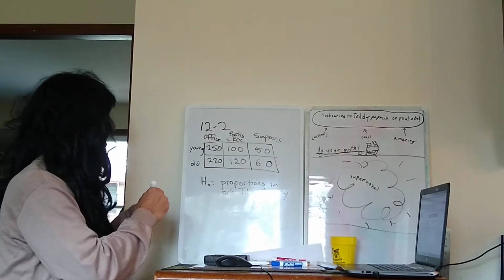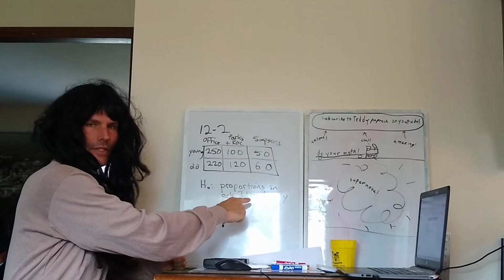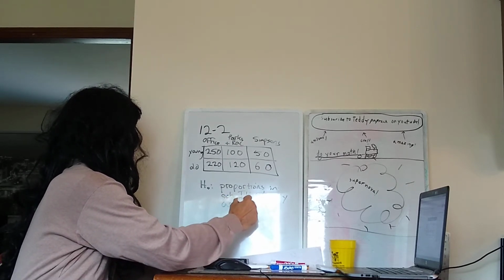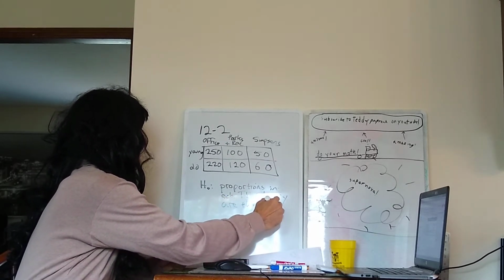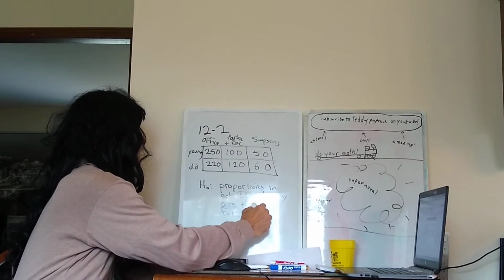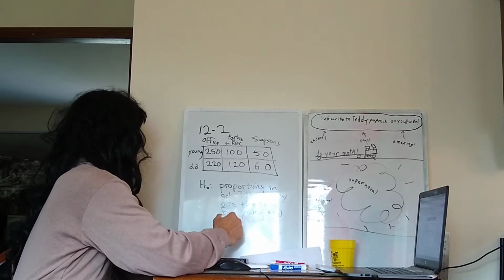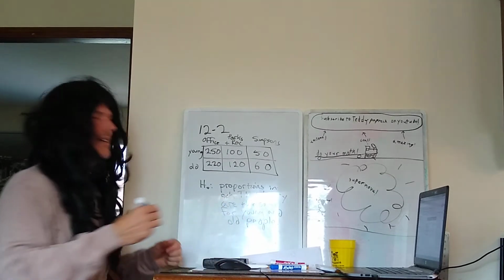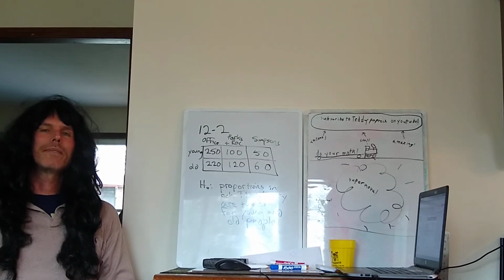Okay. The proportion in each television viewing category are the same for young and old people. Can you read that blue okay on the screen?